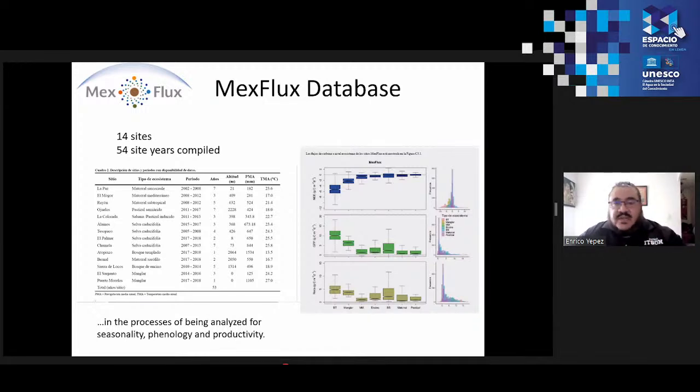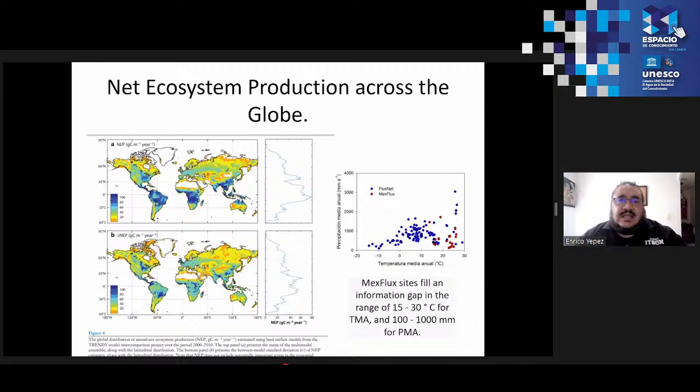It is something very important to study, to understand in finer detail what is the actual potential of our blue carbon in this country to contribute to these mitigation strategies or natural climate solutions. So we can keep talking about examples in the country, but at the end, what will be important is to insert into a wider scheme what the effort of Mexico is doing in this regard. Basically, if we were to try to understand the net ecosystem production across the globe, we can do it. Okay, I'm pretty close to finishing.